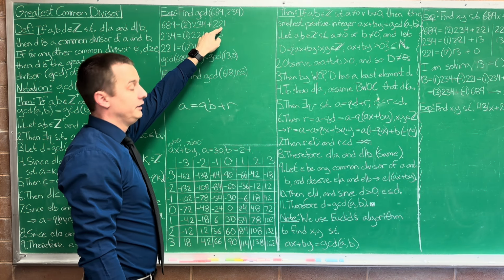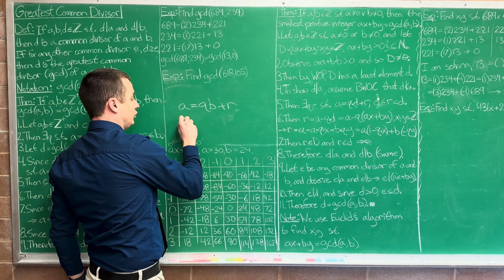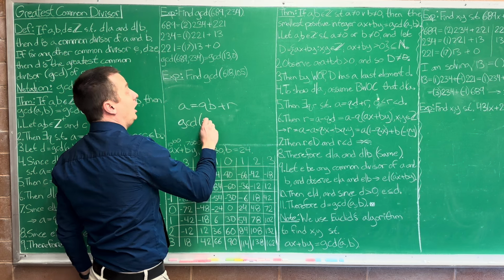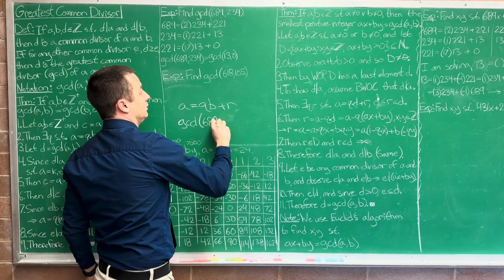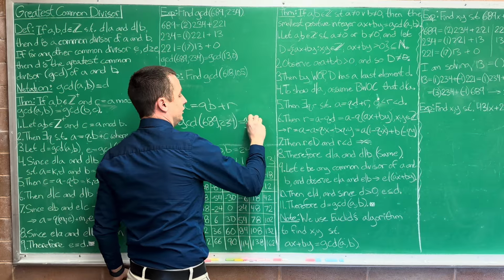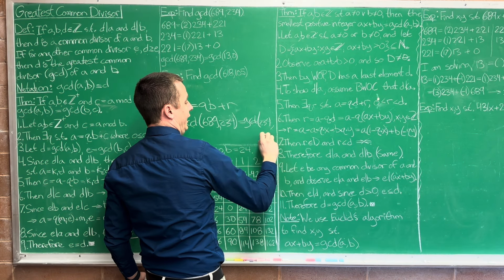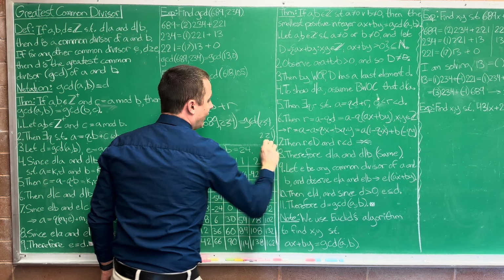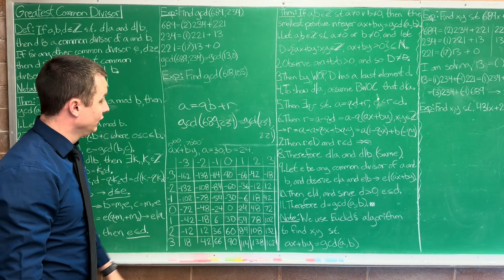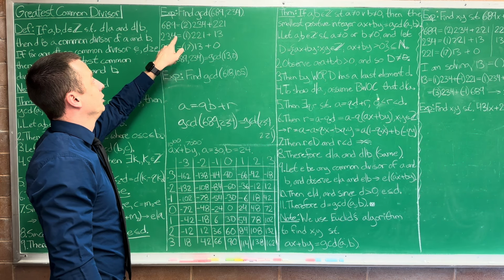Now, according to this theorem, the greatest common divisor of 689 and 234 is also the greatest common divisor of 234 and 221. So now I can repeat the problem. So now I'm going to take 234 divided by 221. How many times does 221 go into 234?